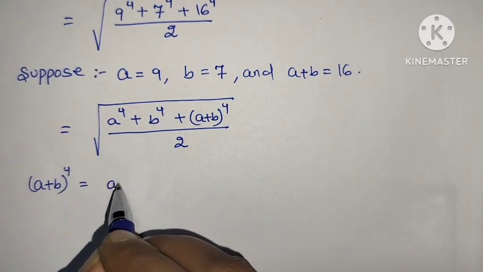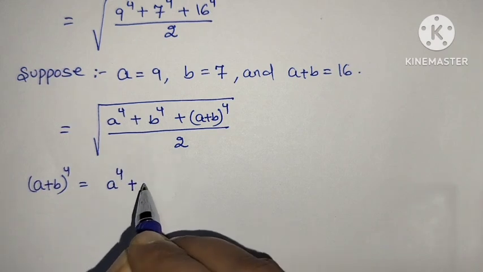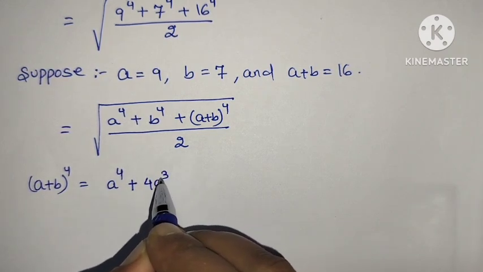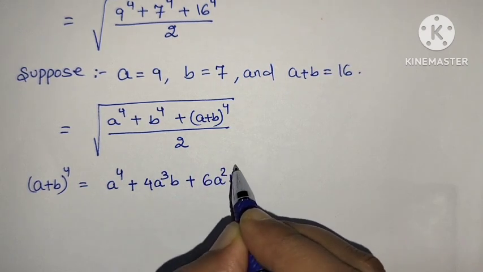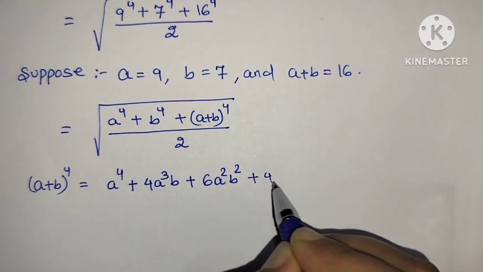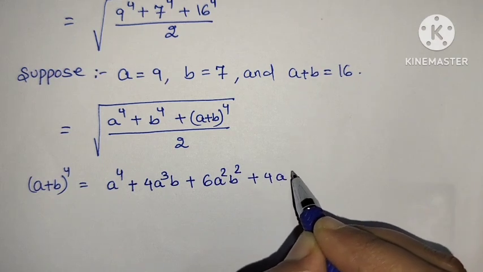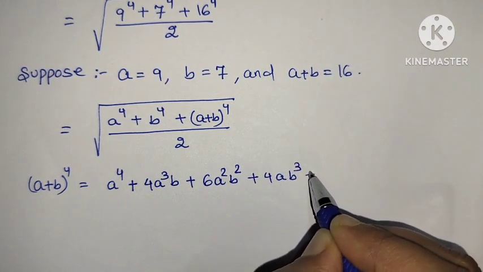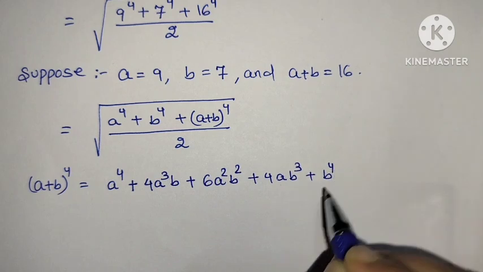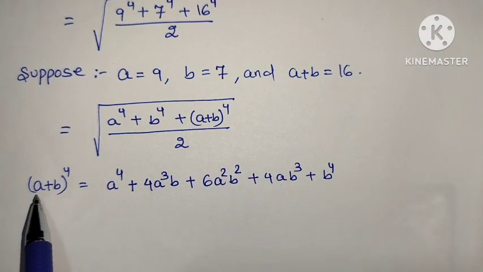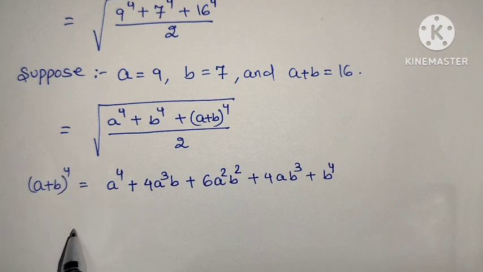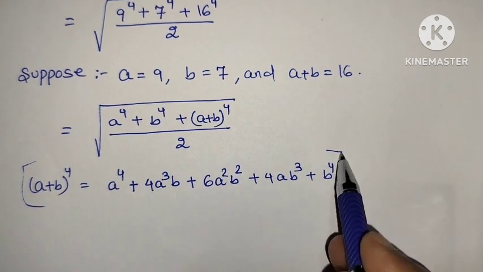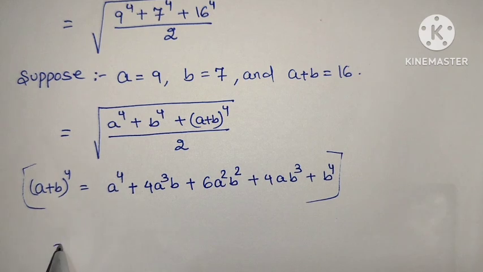It is A^4 plus 4A cube B plus 6A square B square plus 4AB cube plus B^4. This is the formula of A plus B whole 4. We apply it here.